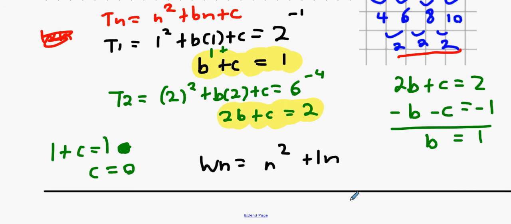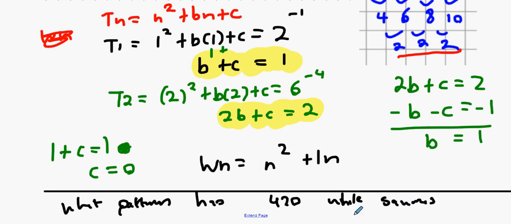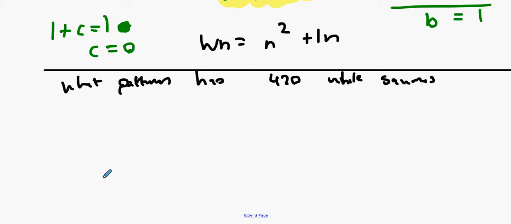What pattern has 420 white squares? How'd you do that?